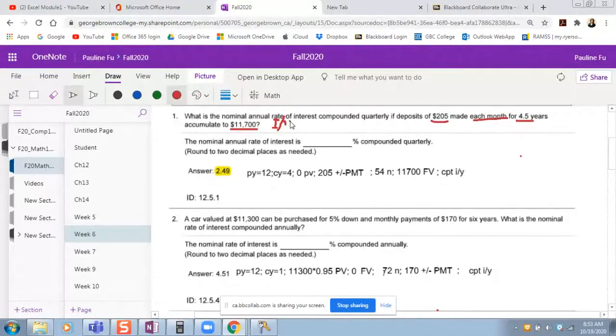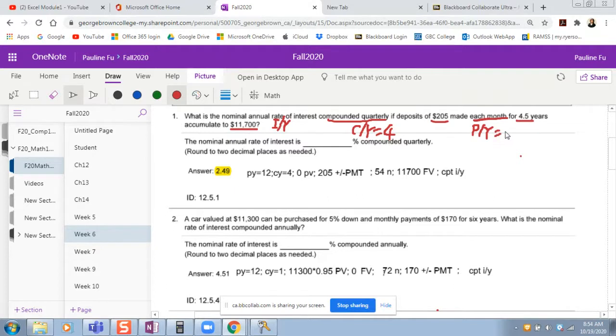When you have interest rate questions, you always use calculator. There is no formula. And interest is compounded quarterly, CY equal to 4. Compounded quarterly, always CY equal to 4. You deposit every month, so a year you make 12 deposits.